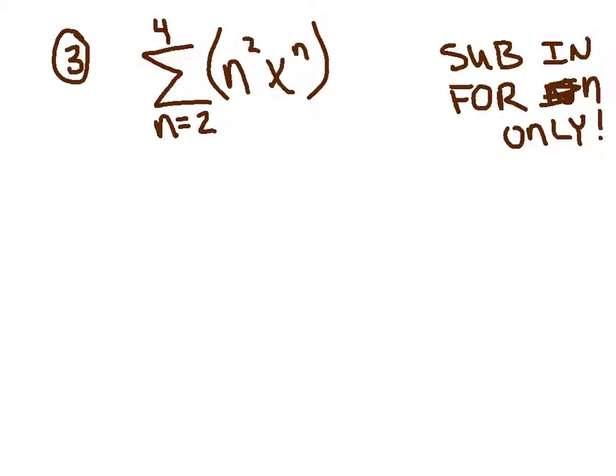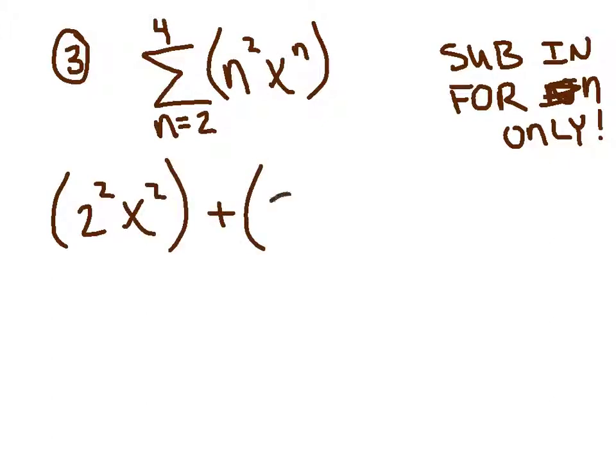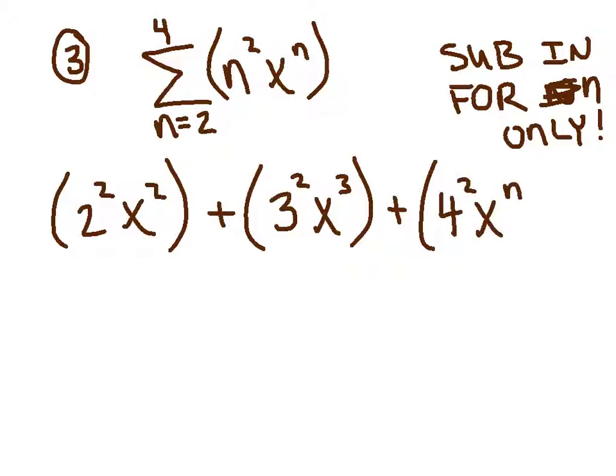X is going to stay an x. So on the first term, I'm going to substitute a 2 in for n, and I get something that looks like that. Plus the next term, I'm going to substitute a 3 in for n. And then for that last term, I'm going to substitute a 4 in for the n values. Again, I got to get a 4 in there. I wrote n instead. The x's are staying x's.